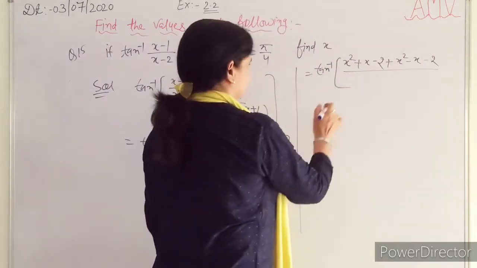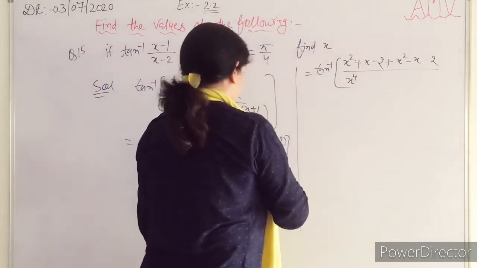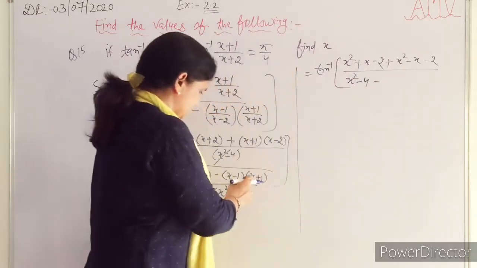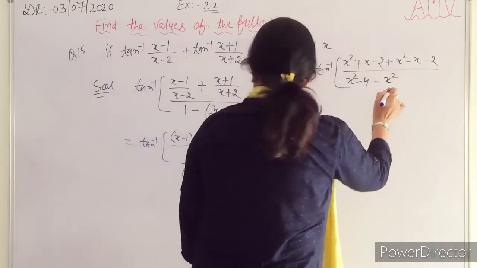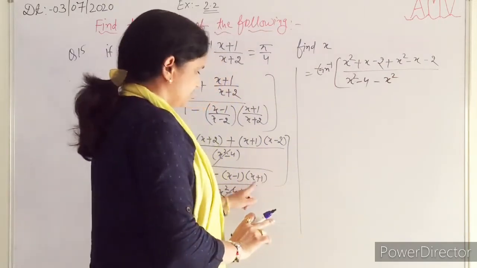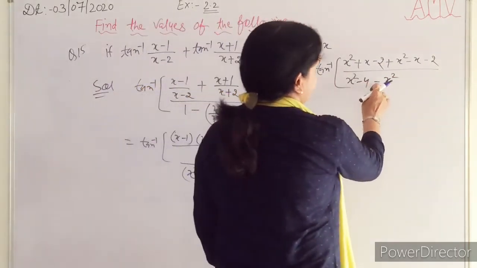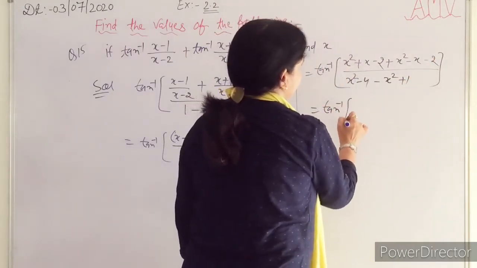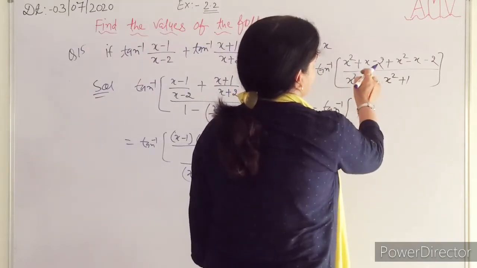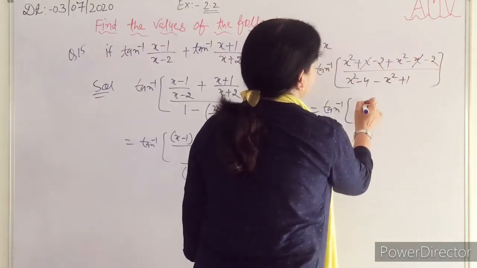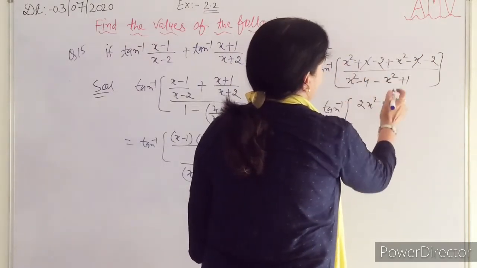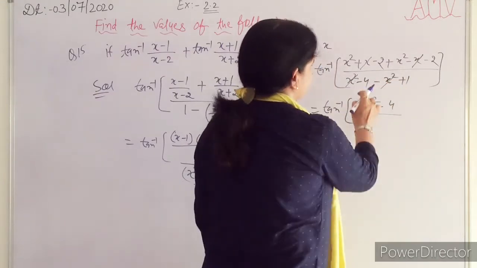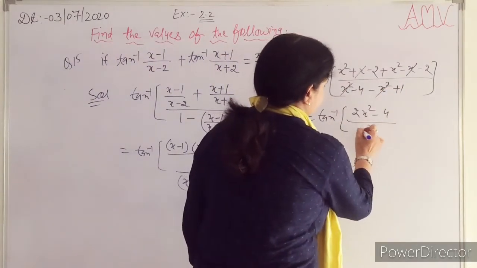And here it is x square minus 4 and minus x square, and it's minus 1, and it's already minus here, so it becomes plus 1. Okay student, and in the tan inverse, the x square minus 4 will cancel, and here x square will cancel, and it's minus 3.